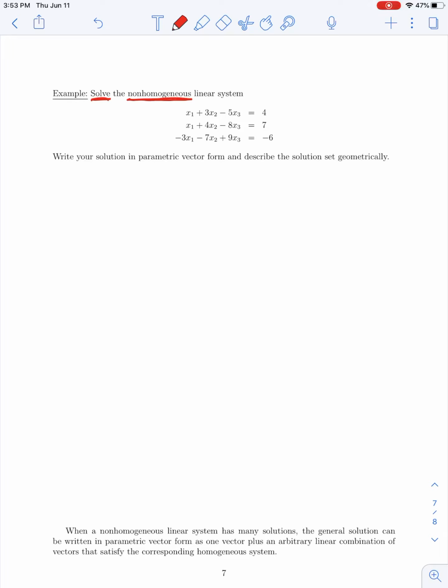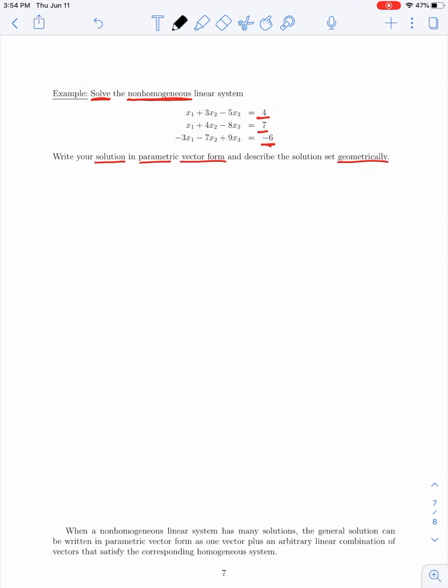Now, why is this one non-homogeneous? Well, because the constants on the right-hand side of our equation are not all 0. We're told to solve this and then express our solution in parametric vector form and describe that solution set geometrically.